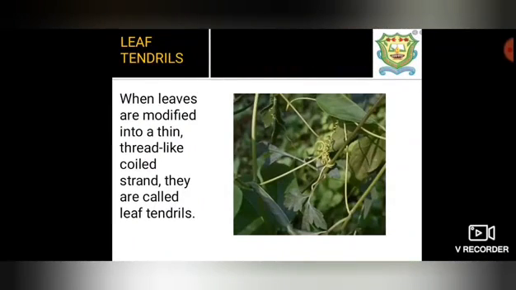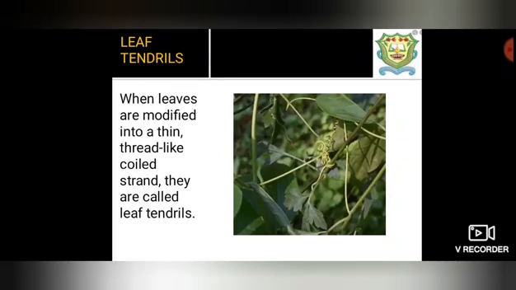When leaves are modified into a thin thread-like coiled strand, they are called leaf tendrils.